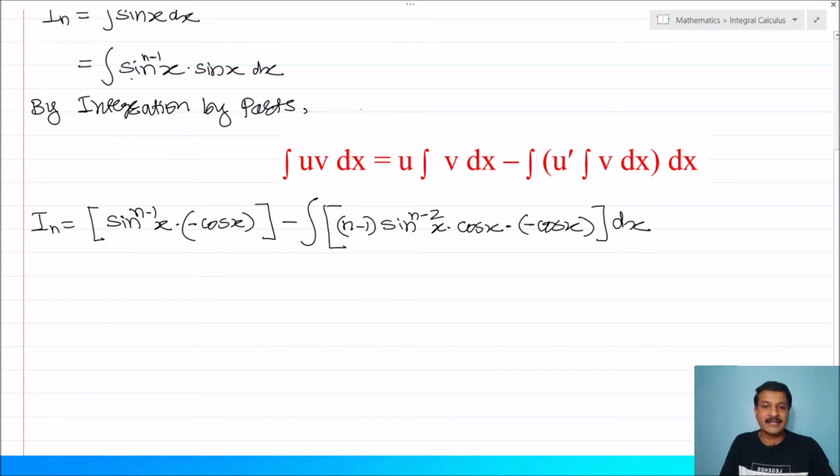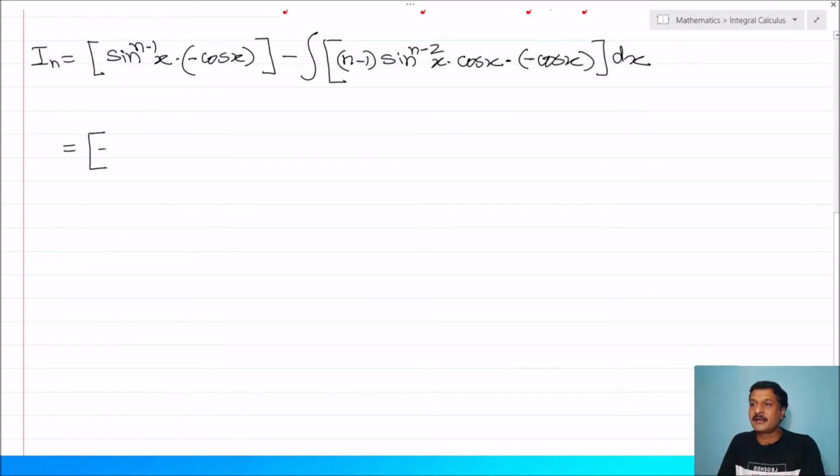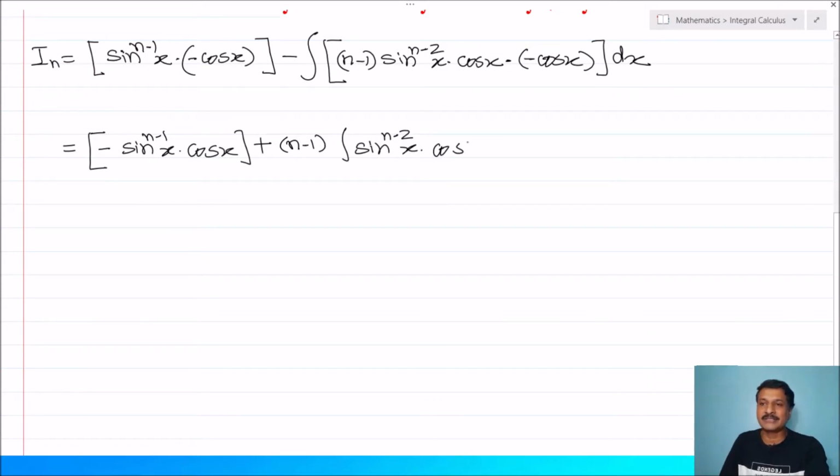So simplify this. I am getting minus sin x raised to n minus 1 into cos x. You take the constant term outside, this minus sign and this n minus 1, so I am getting plus n minus 1 integration of sin x raised to n minus 2 into cos x into cos x, so cos square x dx.